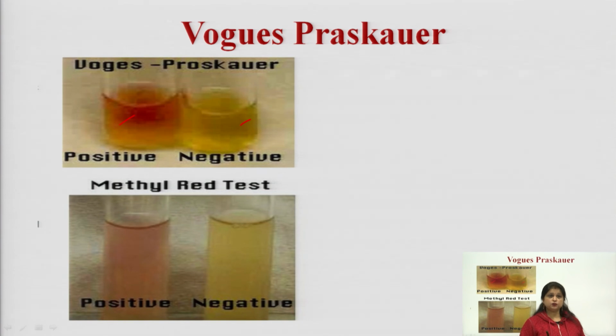By the indole test, we analyzed the bacteria which release tryptophanase, and that was indicated by the indole, which was analyzed using the reagent known as Kovac's reagent. By the methyl red Voges-Proskauer test, we analyzed the bacteria which are either fermenting the glucose and making the environment acidic, detected by methyl red, or, by Voges-Proskauer, releasing acetone as an end product.